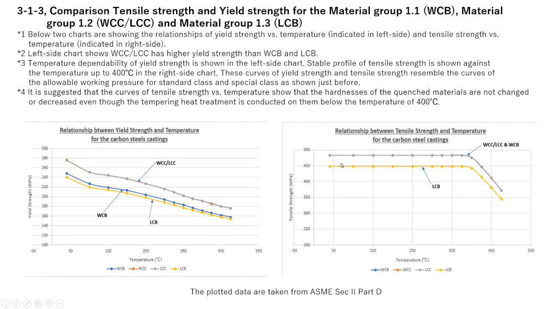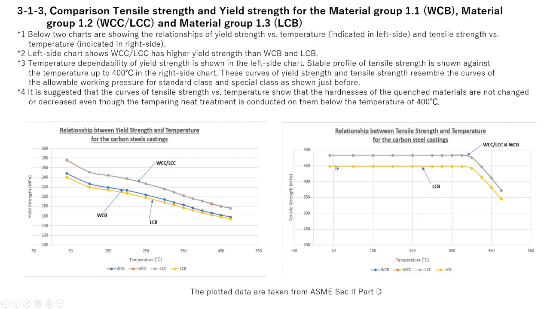The right side chart indicates the tensile strength curve. The gray curve indicates WCC, LCC and WCB. These three materials have the same tensile strength value over the whole temperature region, so they plot the same curve.